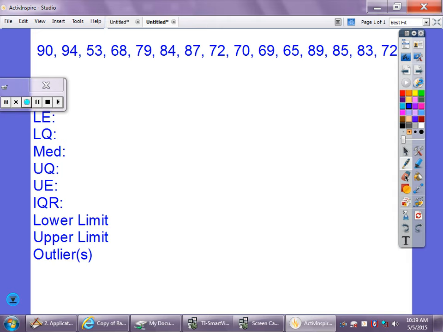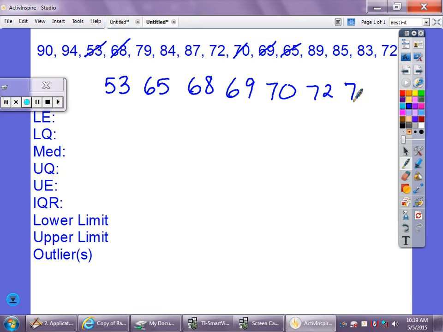So the lowest one I see is 53. Then the next smallest number that I see is 65. Then I see a 68, a 69, a 70. I have two 72s. Okay, then I have a 79.